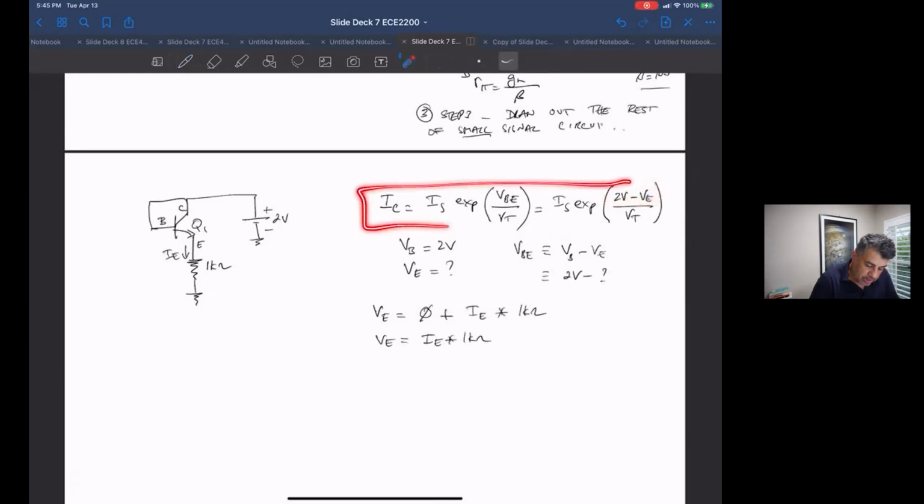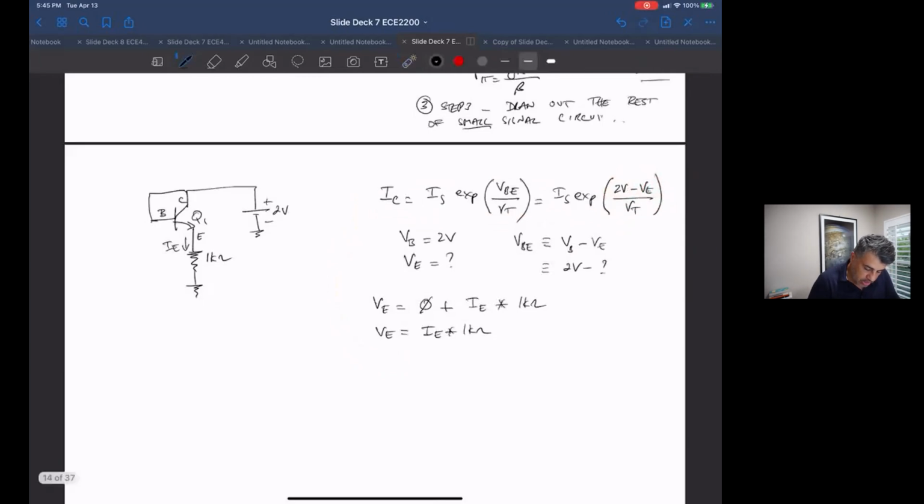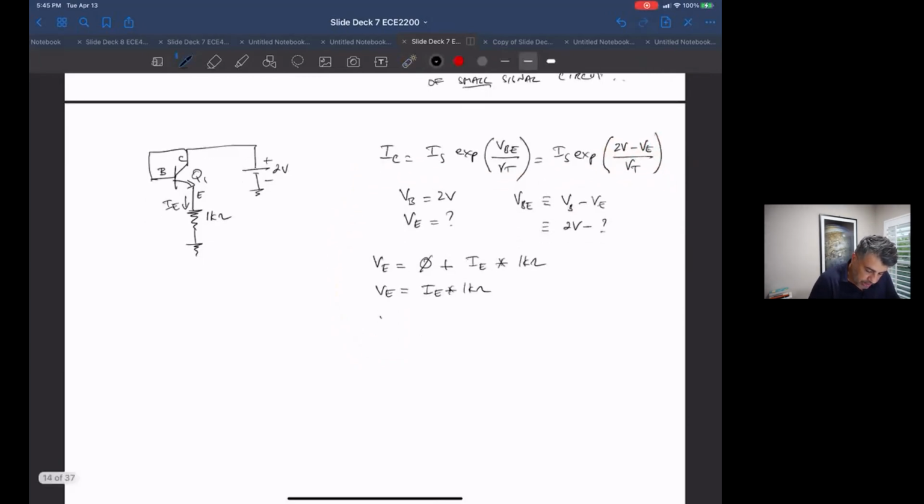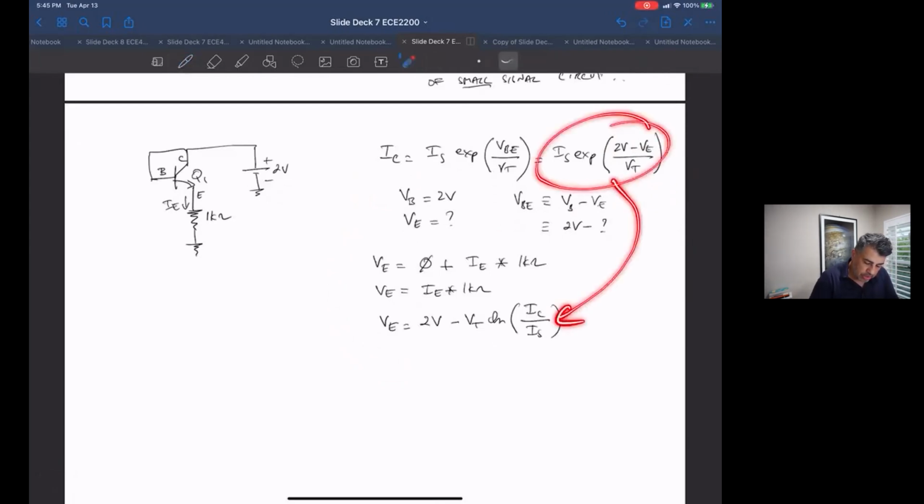And I'm going to take this thing and rewrite it to pull out VE. I'm going to get 2 volts minus VT natural log of IC over IS. I just took this, rewrote it like this, moving stuff around, took the natural log.